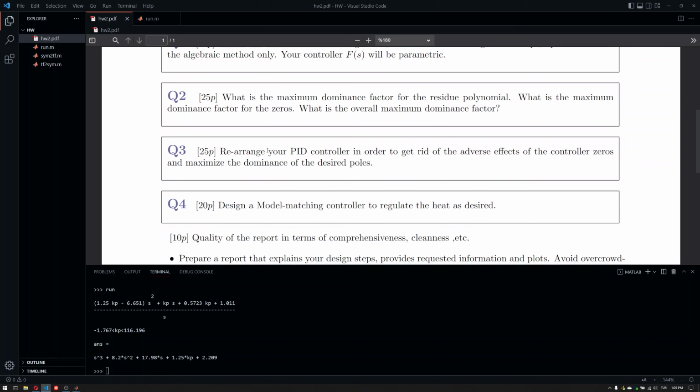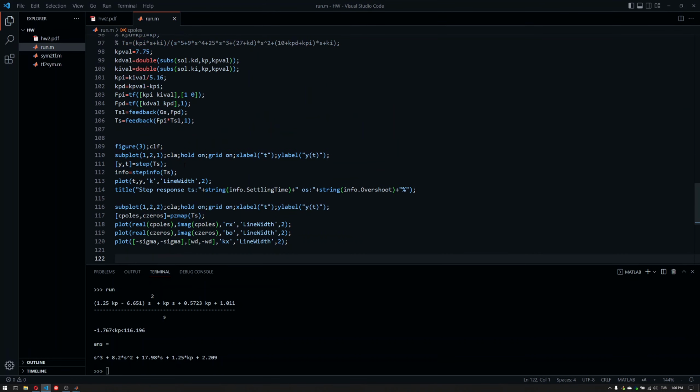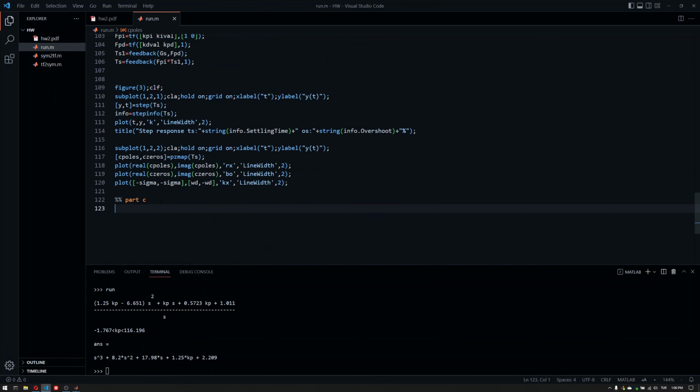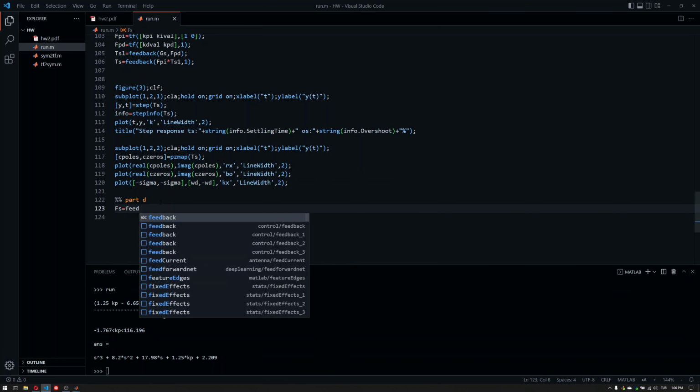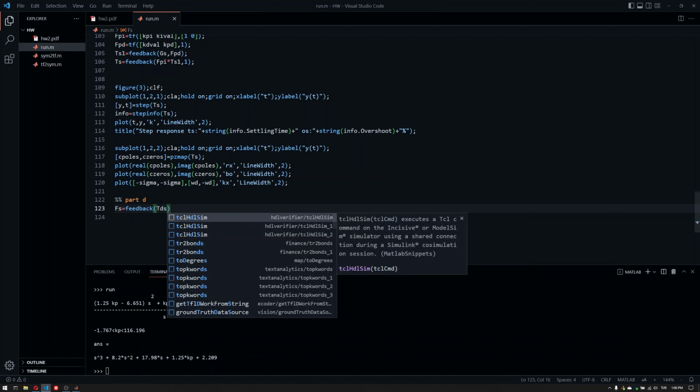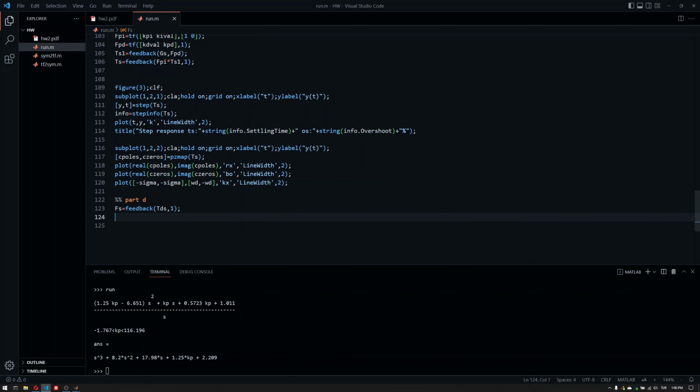Now for Q4, which is quite interesting, we can just directly use a formula and solve it. Part D. Here in part D, we have basically Fs. We don't know what the controller structure is going to be, but we're going to use feedback and then TDS and then 1.